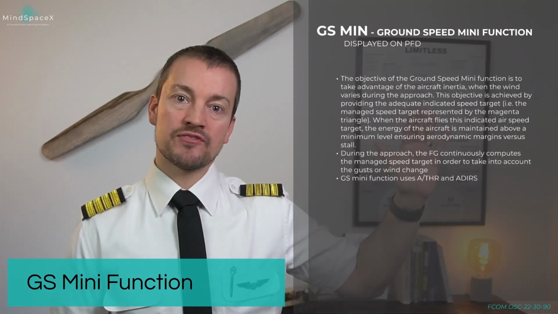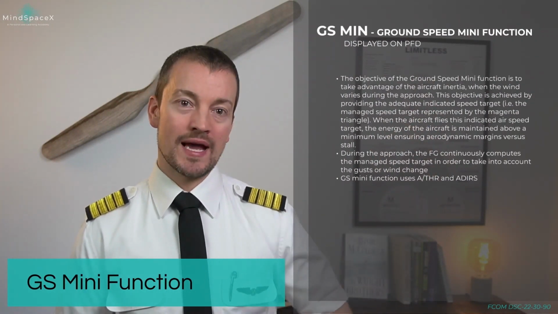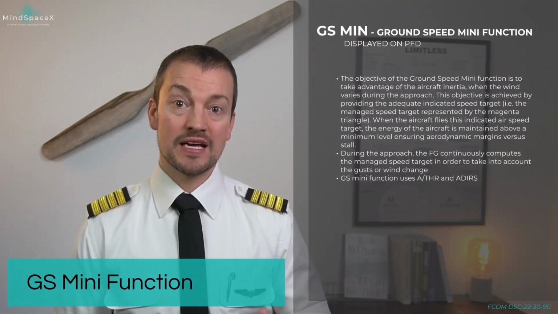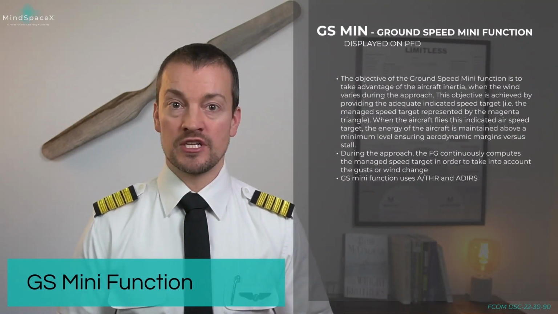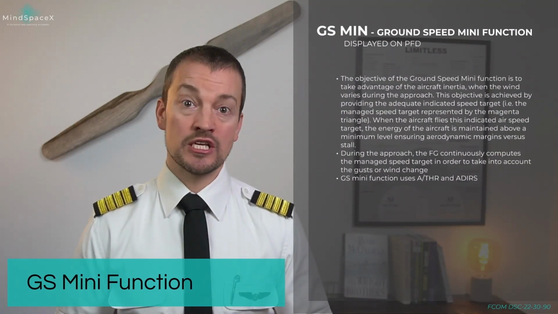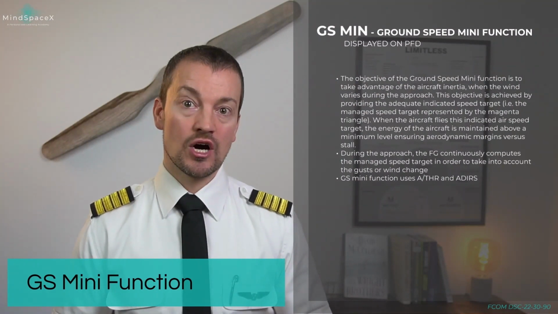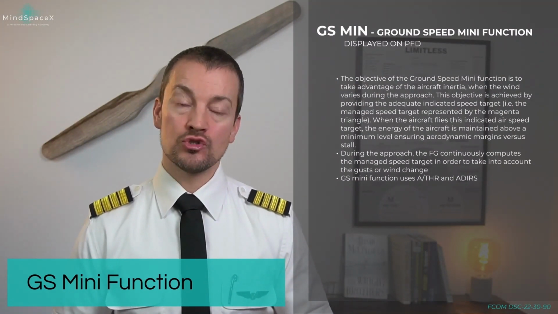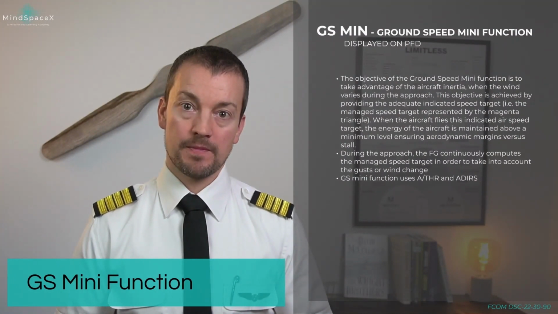This is from the FCOM, so I want to read this out to you, as this is how the Airbus philosophies dictate what ground speed mini function is. The objective with the ground speed mini function is to take advantage of the aircraft's inertia when wind varies during approach.